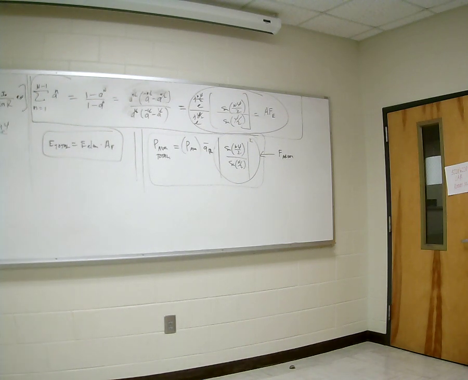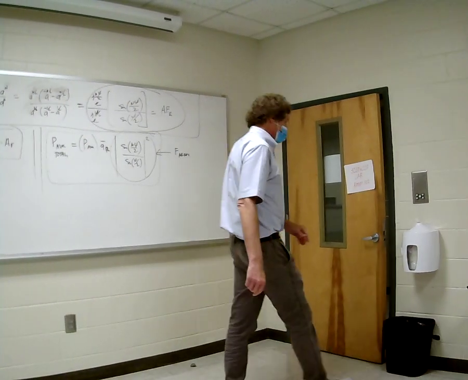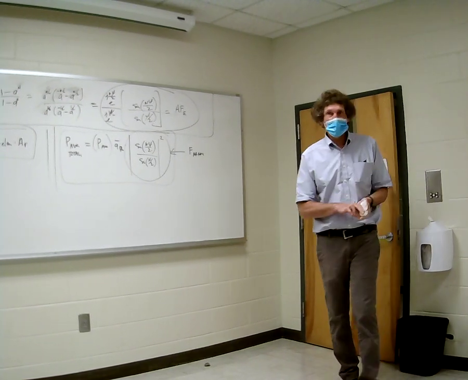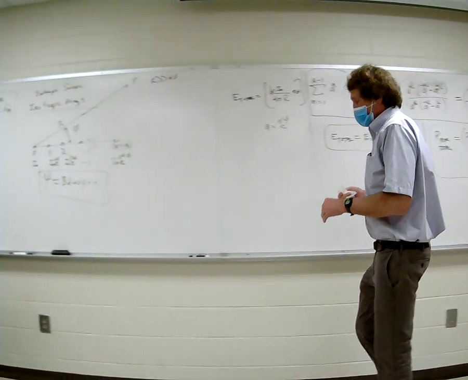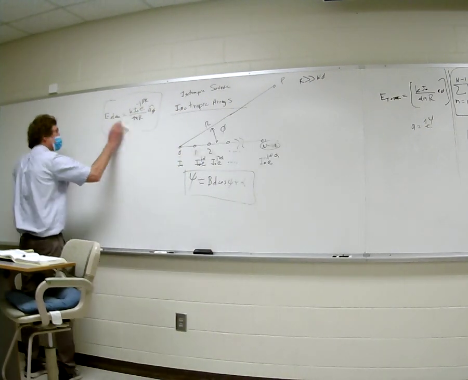And so in the very beginning, what I like to do is show you something about what the sine of n psi over 2 divided by sine of psi over 2 looks like. Anybody want to take a guess?